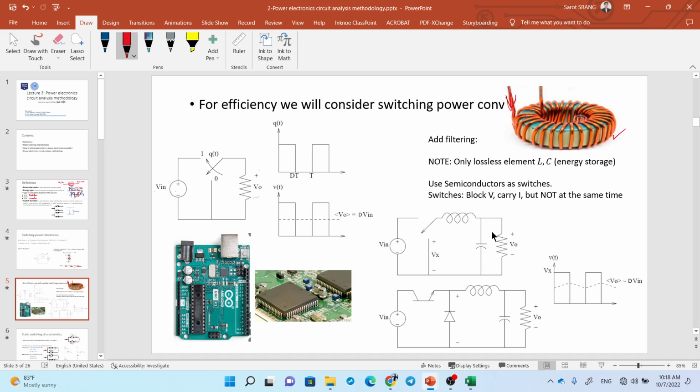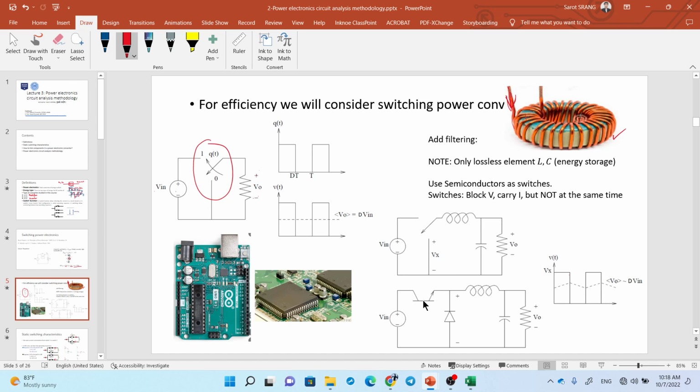So here is the whole idea. This is just a concept: you want to switch between a low current flow through this branch and then through this branch. But then you need to construct a switch using a power electronic component, a power electronic switch, to have such a function.